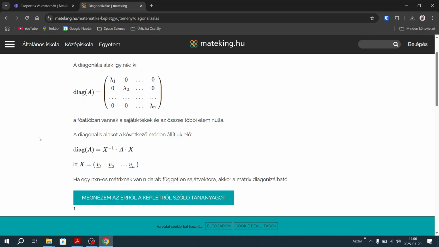Let's do the inversion. First, I start with this augmentation. This is 3. I mean, the submatrix is 3. That's minus 1. Here 1. Here 1. That's the augmentation.